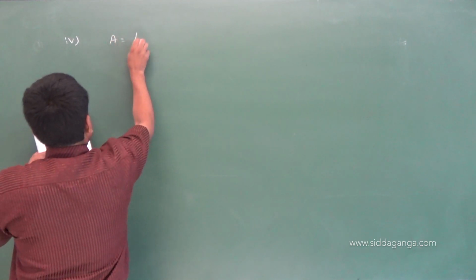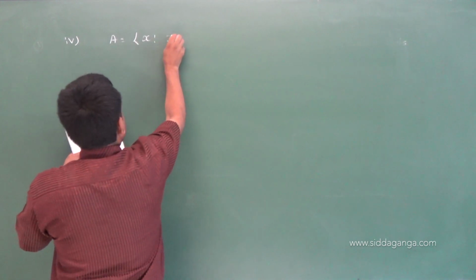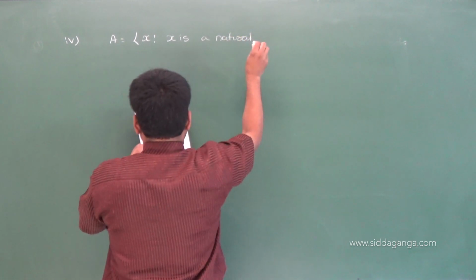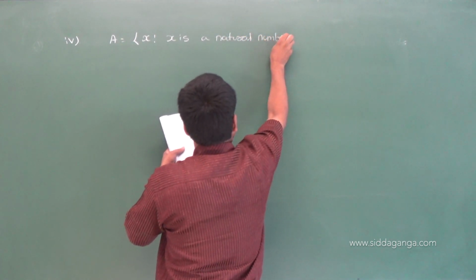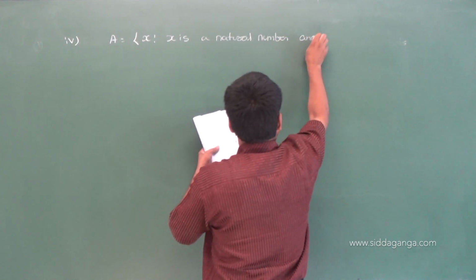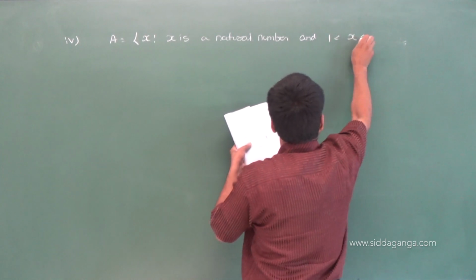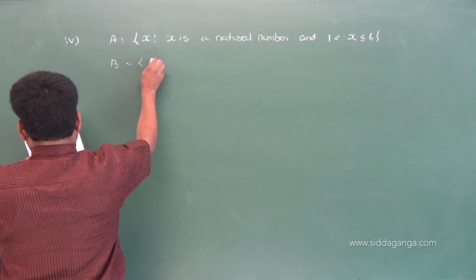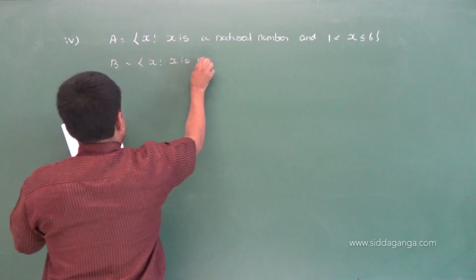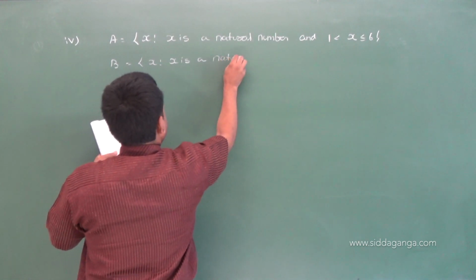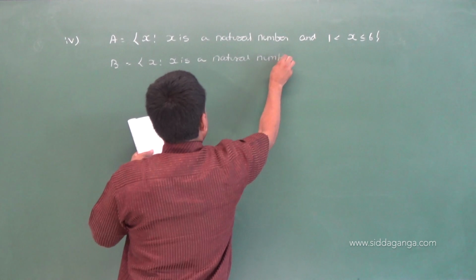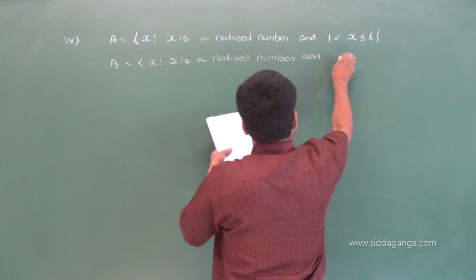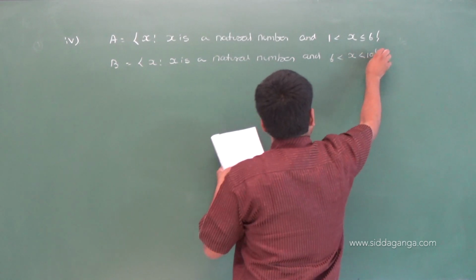Fourth question. A is equal to {x such that x is a natural number and x greater than 1, less than or equal to 6}. B is equal to {x such that x is a natural number and x greater than 6, less than 10}.